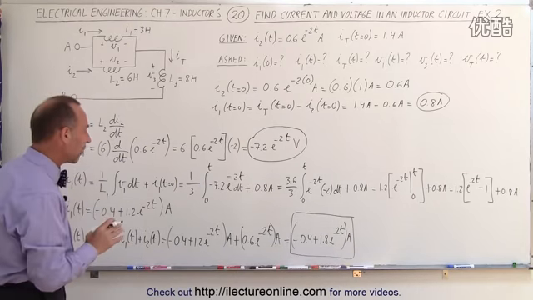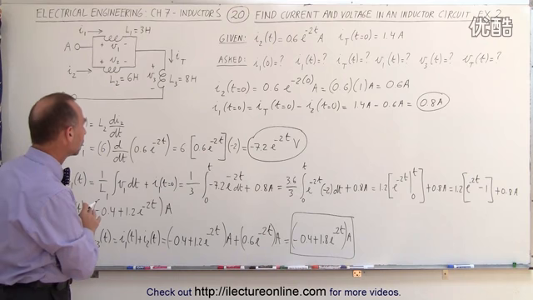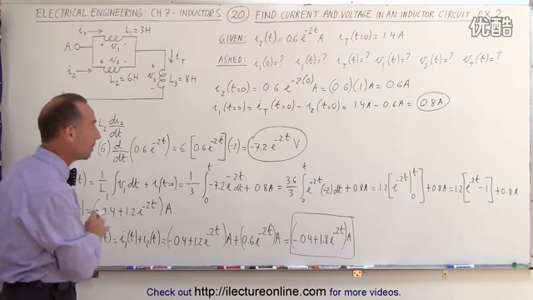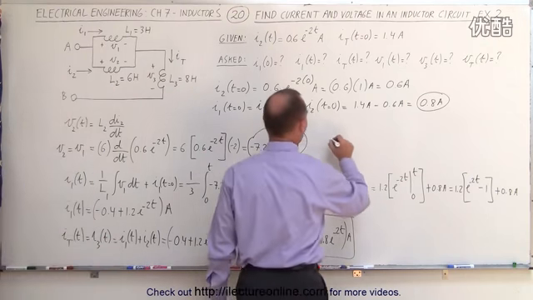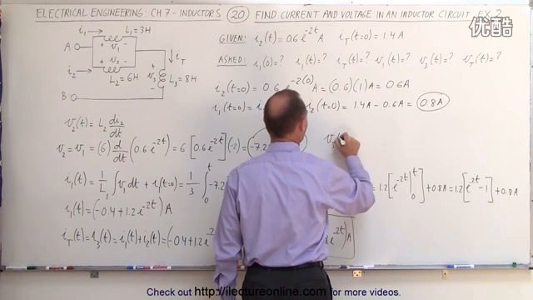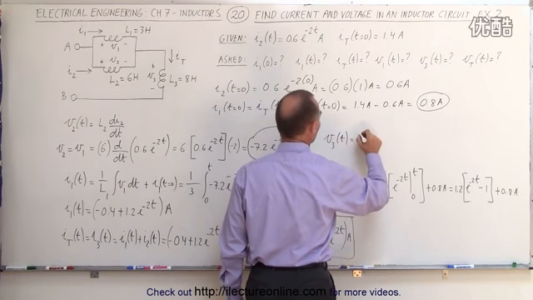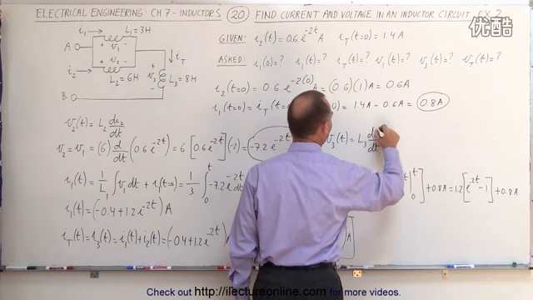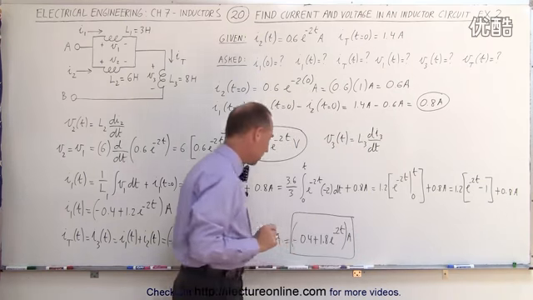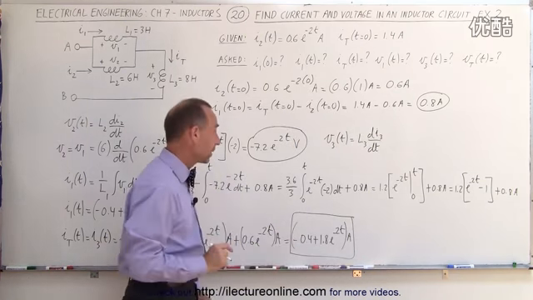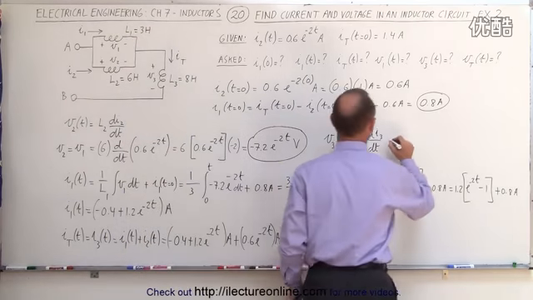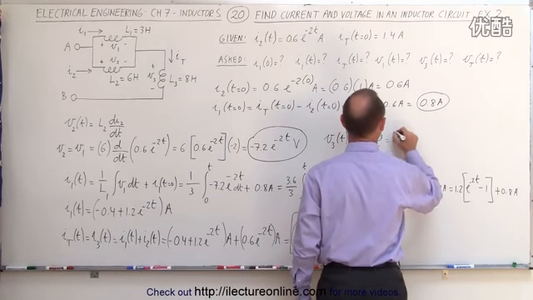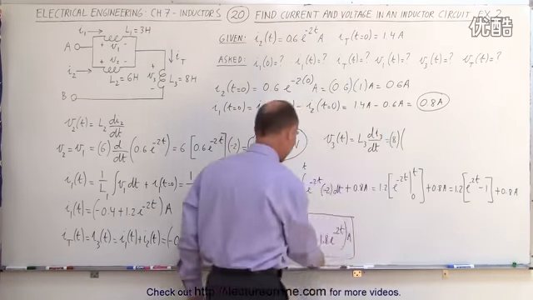That allows me to find the voltage across inductor 3, because we can say that the voltage V3 as a function of time is equal to L3 times the rate of change of the current I3 with respect to time, which of course I have over here now. L3 is 8 henries, so this is equal to 8 henries multiplied times the rate of change of this.